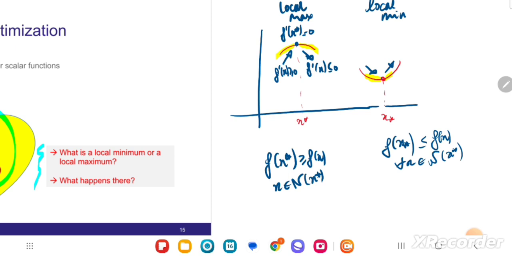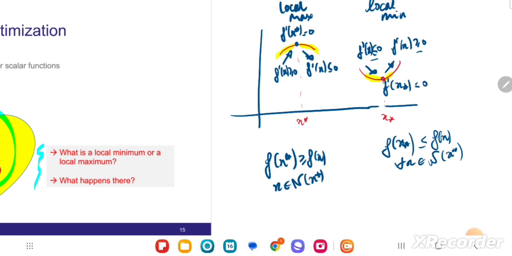Same idea for the local minimum. Your function is decreasing, so the first order derivative is smaller than 0. On the other side of your minimum, it has to grow again, so the first order derivative is greater than 0. It goes from negative values to positive values. It means that at that point, f prime is equal to 0.